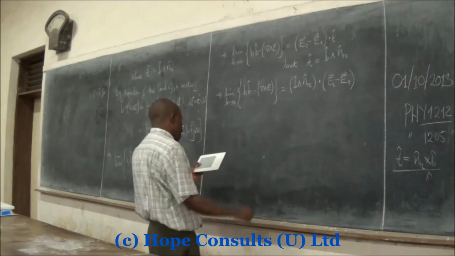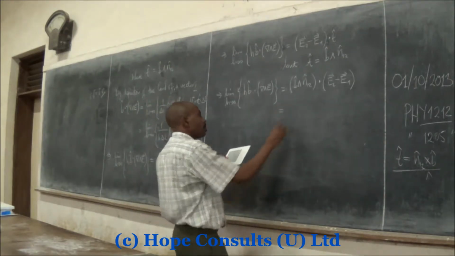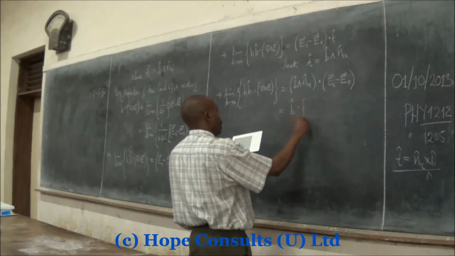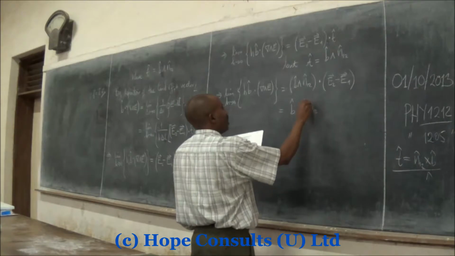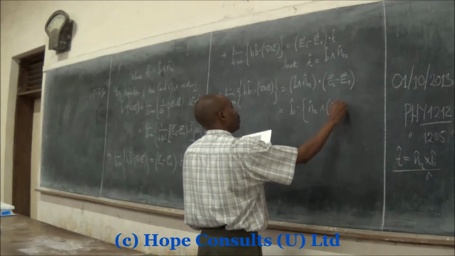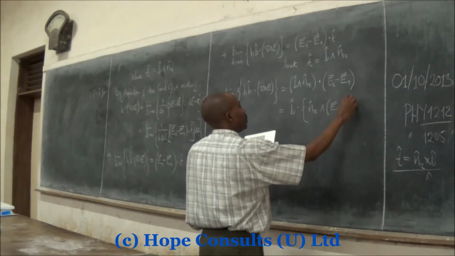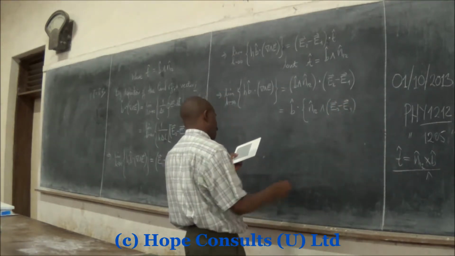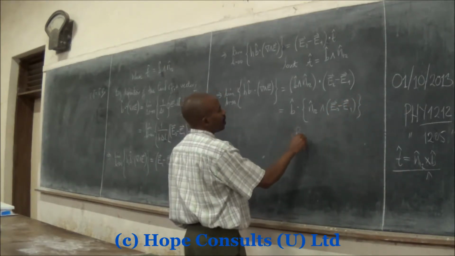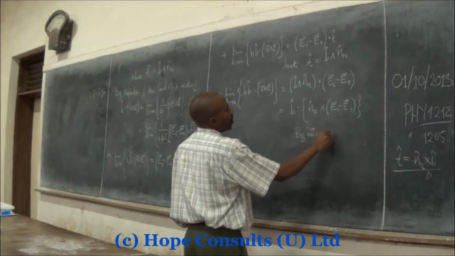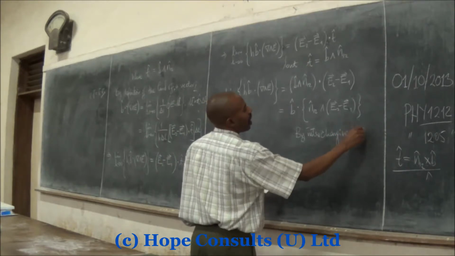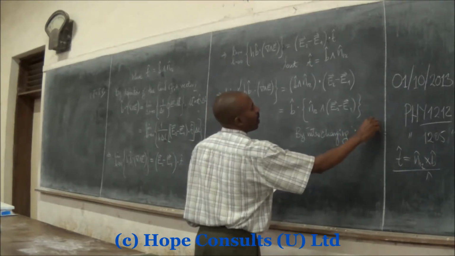So then we have that this is equal to B dot N12 cross E2 minus E1, by interchanging the dot product and the cross product.